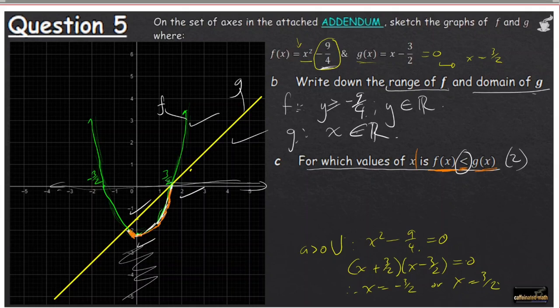So another important bit is they want values of x. So the answer must include x. It must say x is equal to, x is less than, or something like that. In this case, x is in between two values. The first one's easy to read. That's the point of intersection, which is 3/2.